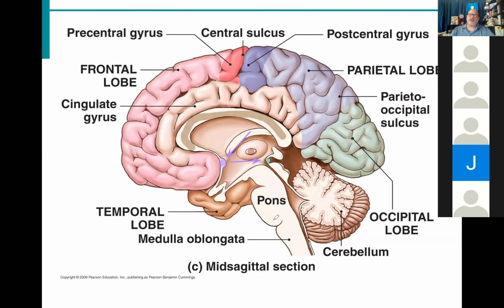They're just structures, bundles of axons that connect the 2 hemispheres together. Notice the other way to find these is to use the corpus callosum. Notice the corpus callosum comes around and leads towards the anterior commissure. It comes around and leads towards the posterior commissure.